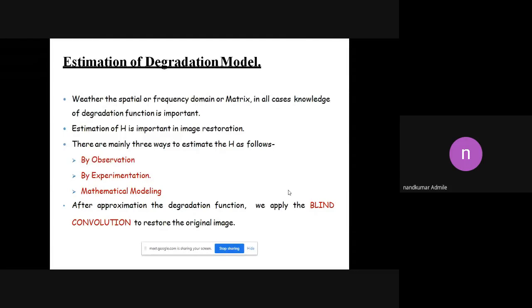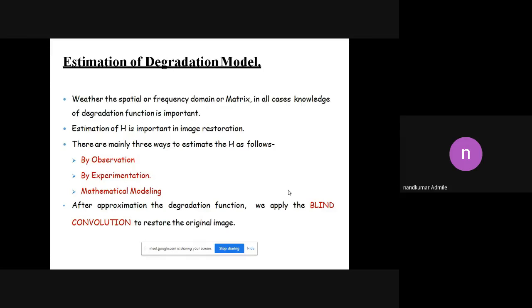So the first is by observation, the second is by doing an experiment, and the third is by using mathematical modeling. First we need to understand what observation, experiment, and mathematical modeling are. These three techniques are simple to understand.